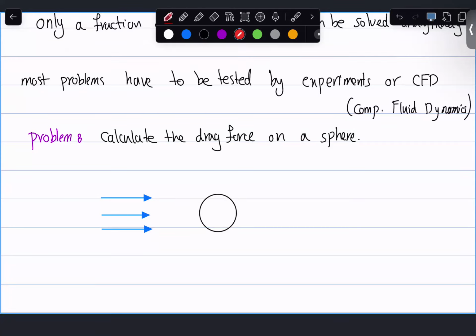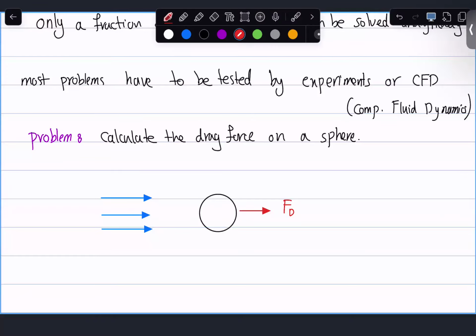And we know, all of us know that if there's a fluid moving and you place an object in that fluid, it will experience some force, right? That force is called the drag, FD, drag force. And now the question is, how does FD change in this? It's a function of what in this problem, right?